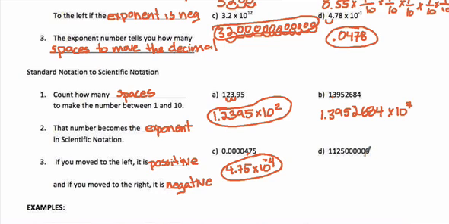Well, we're going to move the decimal point all the way over to here, and I get 1.125 times 10. And then am I moving it left or right? Well, I'm moving it left, so it's going to be a positive 1, 2, 3, 4, 5, 6, 7, 8, 9. There you go.